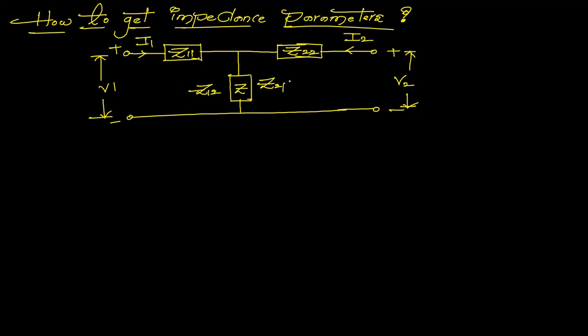Now, using the relation between I1, I2 and V1, V2, we are going to get the expressions of the impedance parameters. We can also call these the standard expressions.